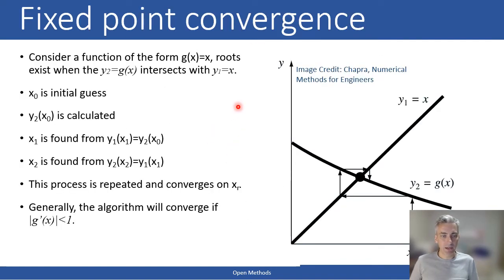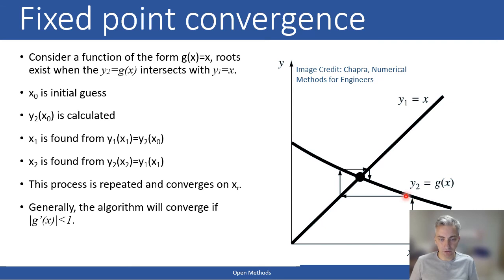So when we have two functions that equal one another, this represents a crossing point in the y equals x graph. And this is exactly where the root would be, right? It'll be at this point here. So in this fixed point method, we initially start at some value of x, and we calculate the value of g of x at that point. In the previous case, g of x was equal to e to the minus x.